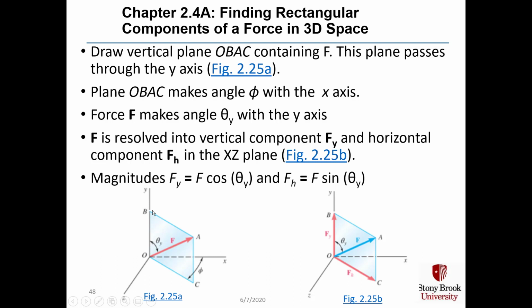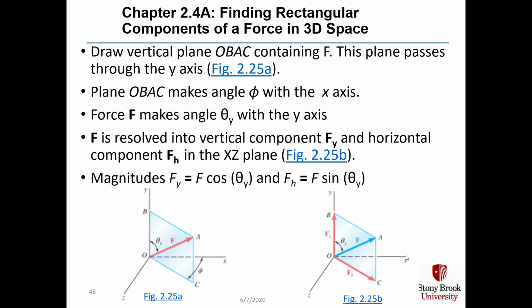Force F is also resolved into a vertical component F sub y and a horizontal component vector F sub h here in figure 2.25b, where this horizontal component F sub h is living in the xz plane. It's not along the z-axis, it's not along the x-axis, so we don't call it F sub x or F sub z.